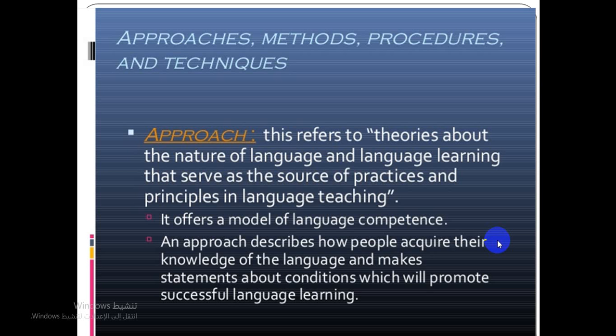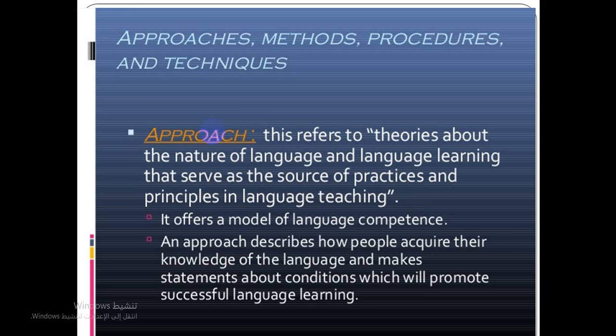Firstly, what are approaches, methods, procedures, and techniques? The first concept here is an approach. What is an approach?